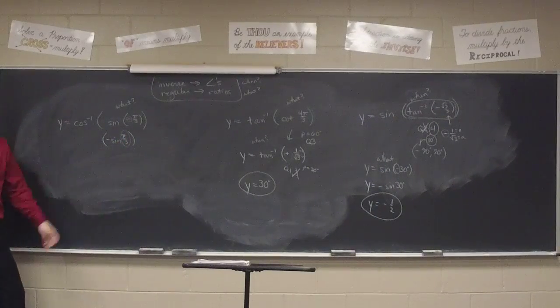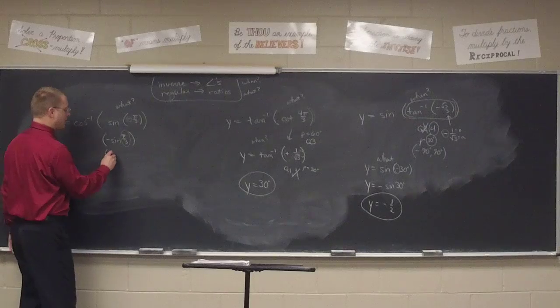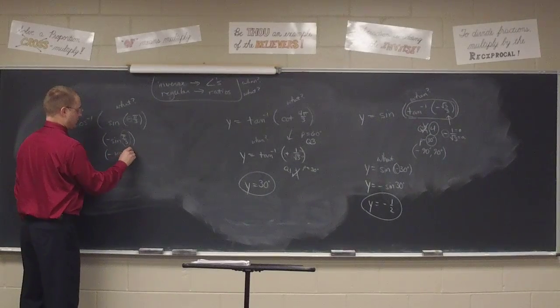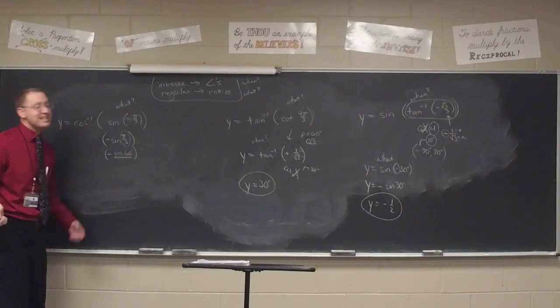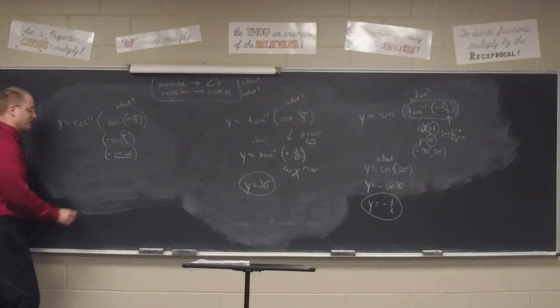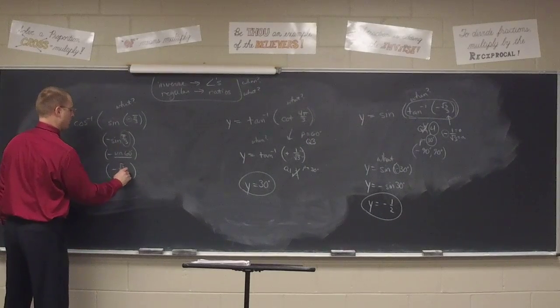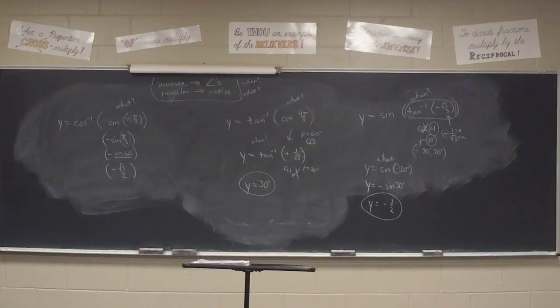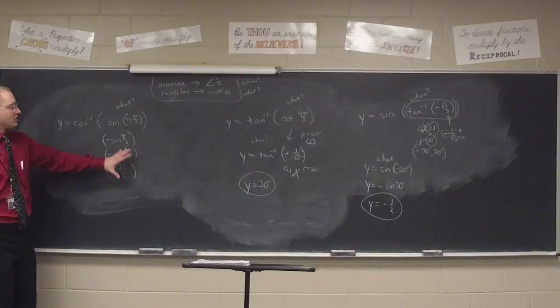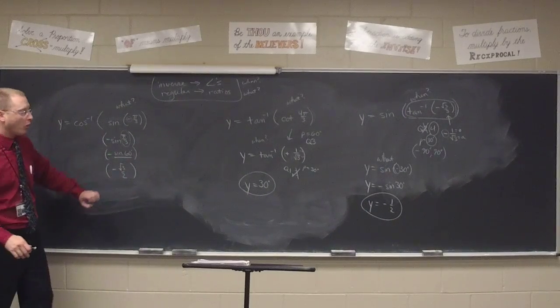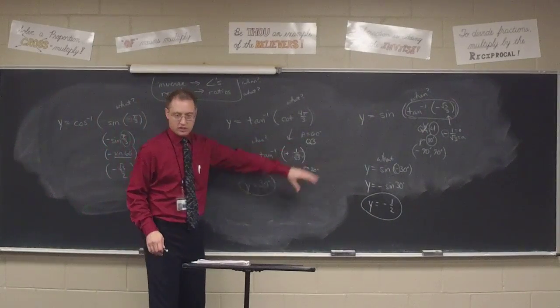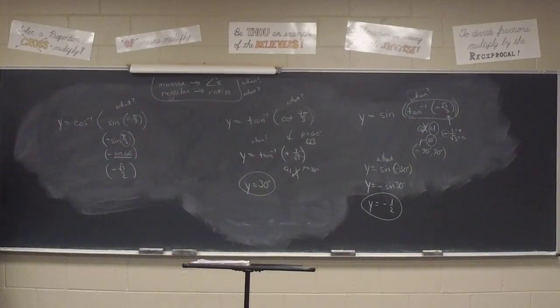What is that? 60 degrees. So this is really the negative sine of 60 degrees. Then I ask myself, what is the sine of 60 degrees? So the whole thing becomes a negative square root of 3 over 2. Questions? Again, do we have to necessarily do it this way? No. We can kind of scribble stuff off to the side, that's fine. But this is what we're doing.